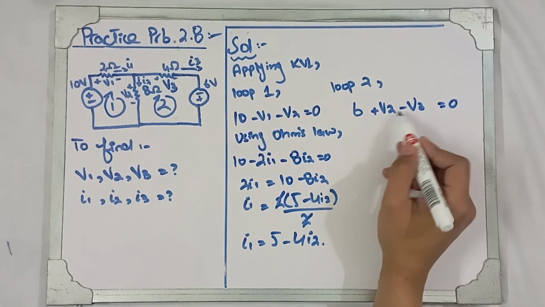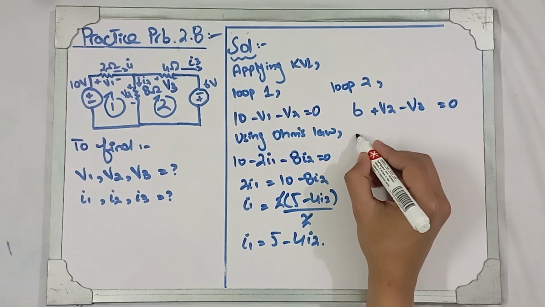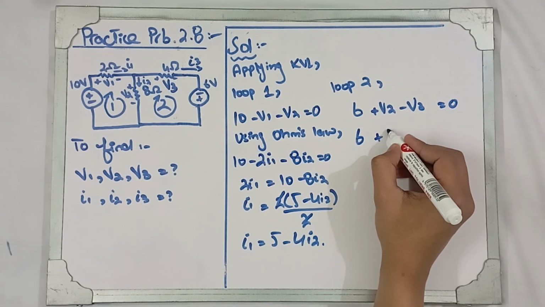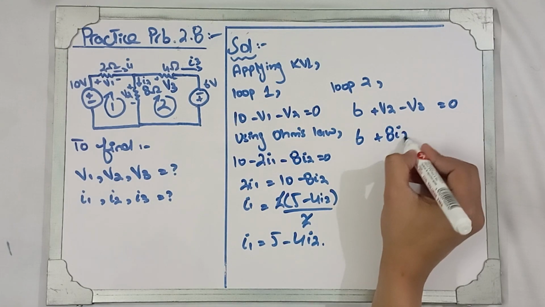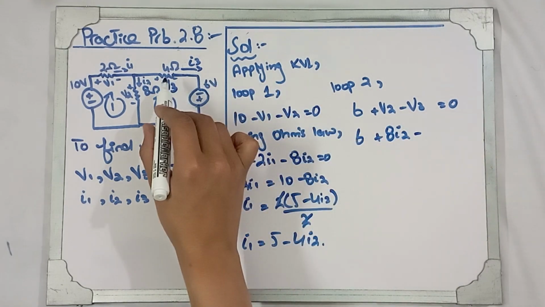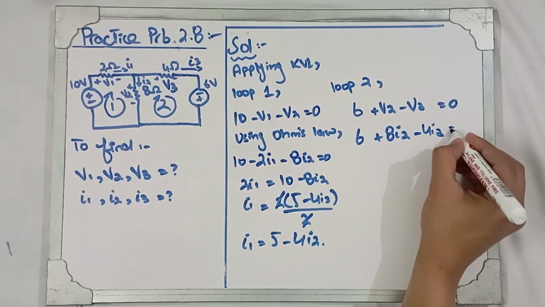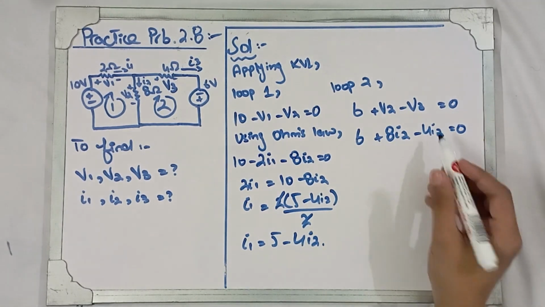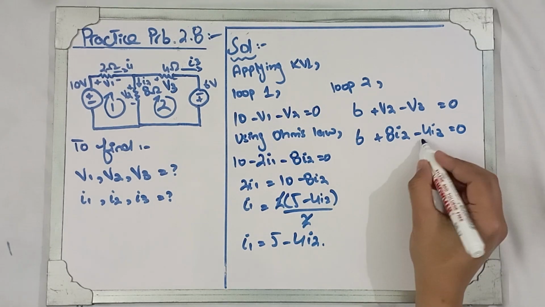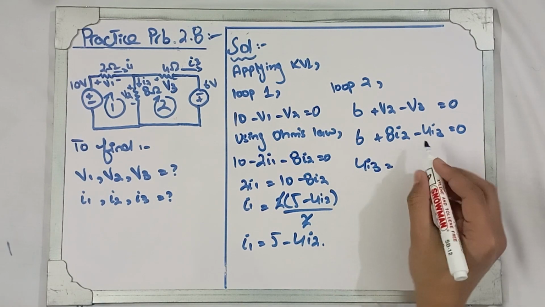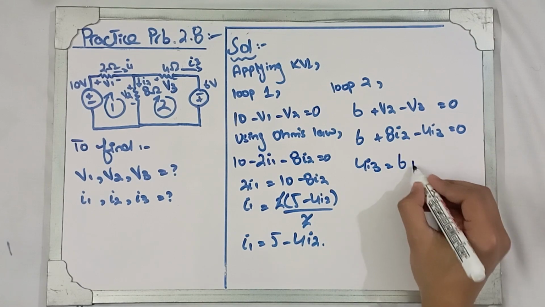So again we will apply Ohm's law for V2 and V3, so 6 plus 8I2 minus 4I3, current I3 flowing through the 4 ohm resistor, equal to 0. Now we will simplify this equation and we have to isolate I3, so 4I3 will be equal to 6 plus 8I2.